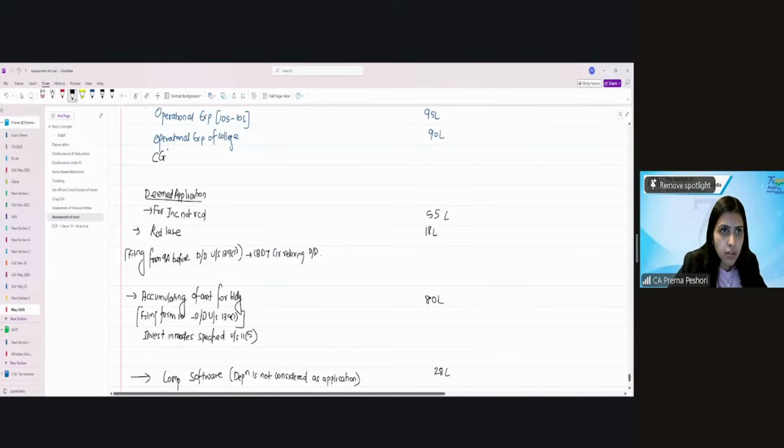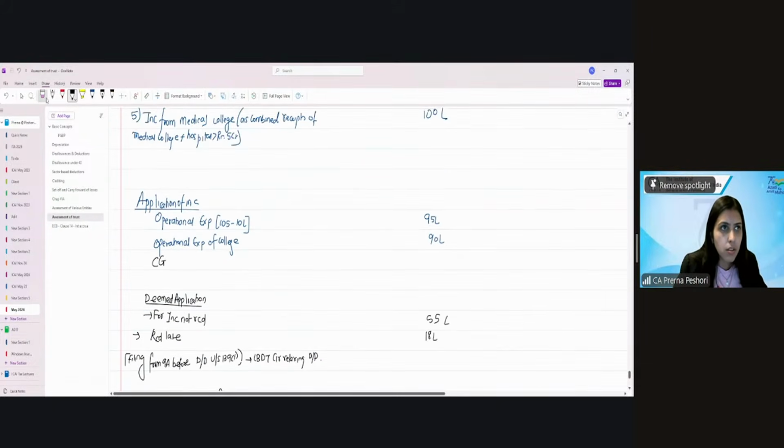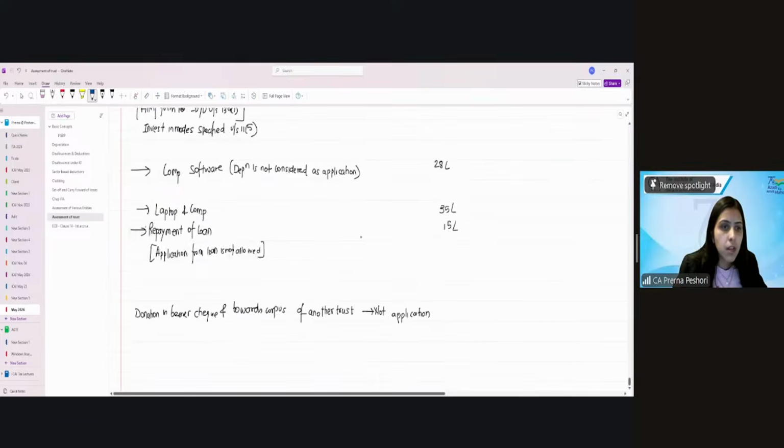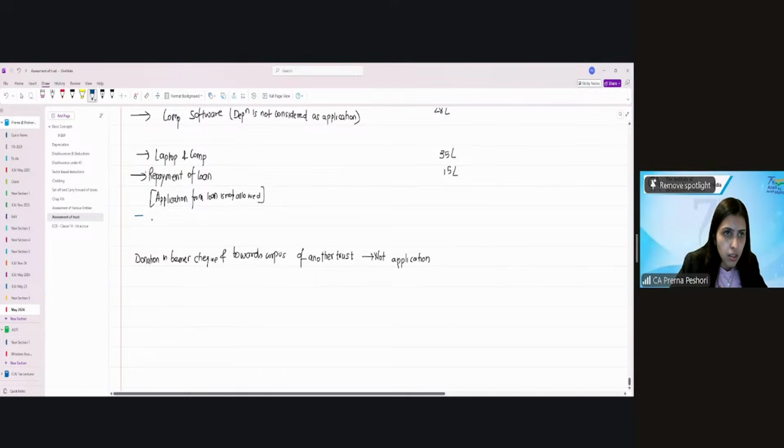So I'll write here, and then here I will allow application, entire, 5.5. Clear?